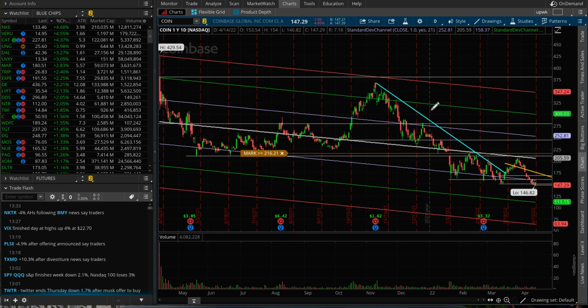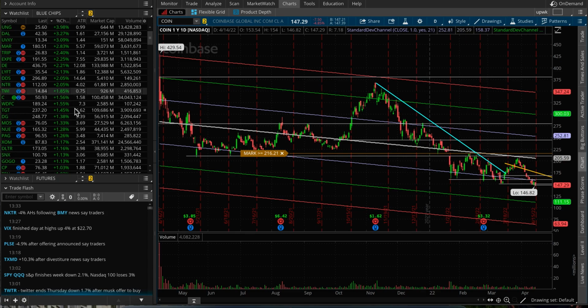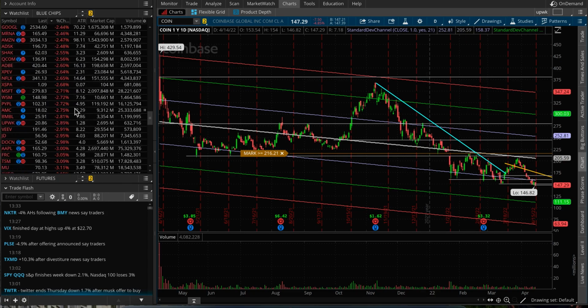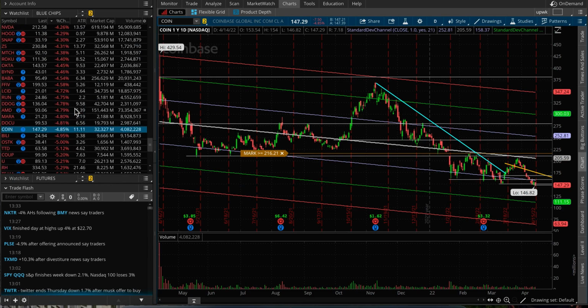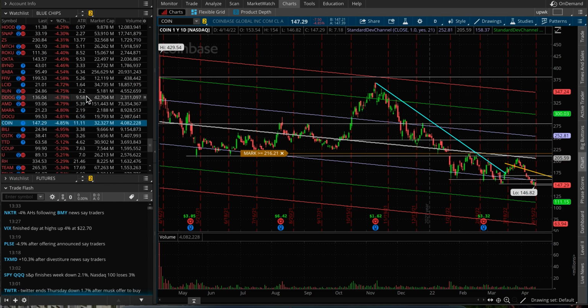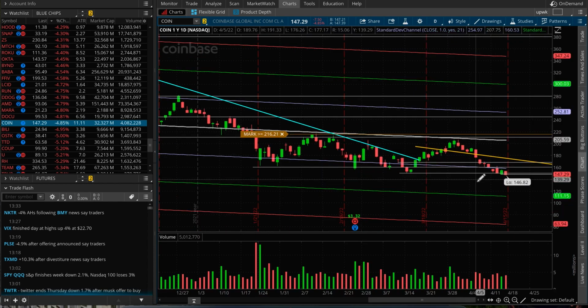I look at the average true range just for daily context, to know what daily range it trades with. Plus I look at the standard deviations. At the moment, if this stock moves 2 standard deviations from where it is right now, it would put the stock at around $110.